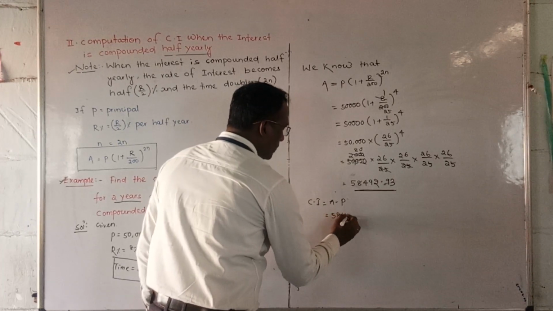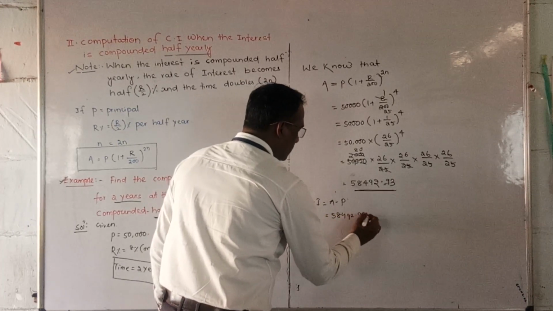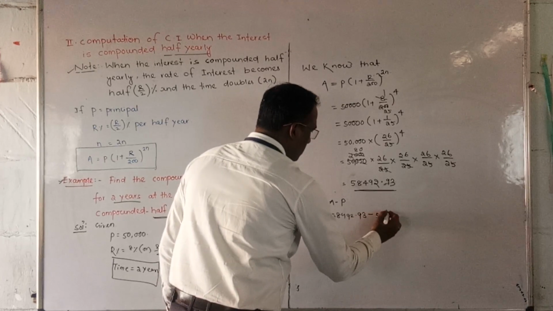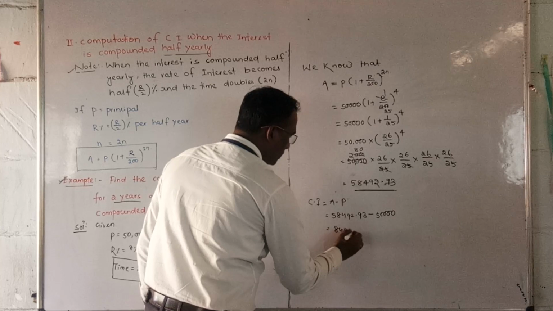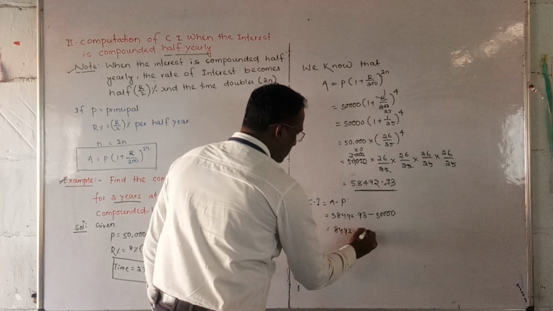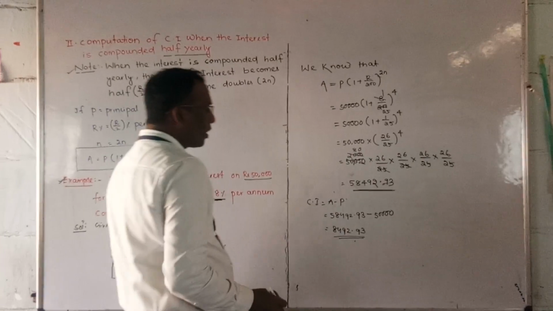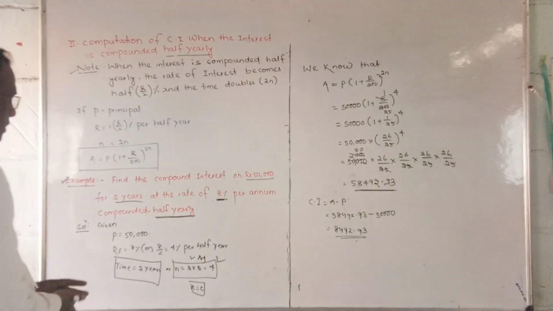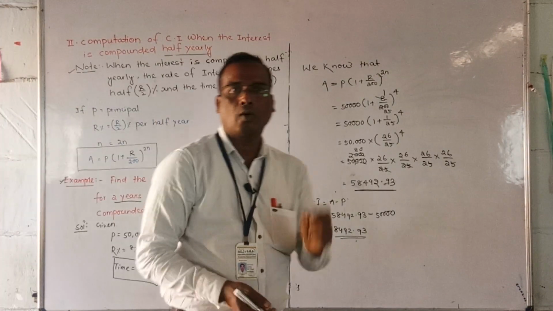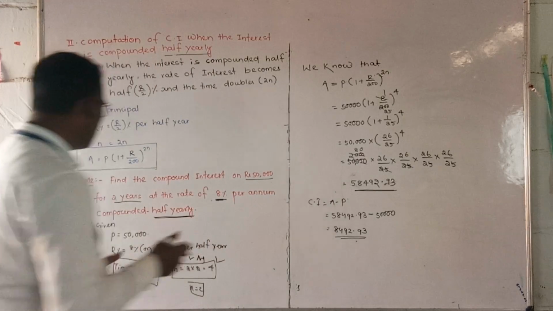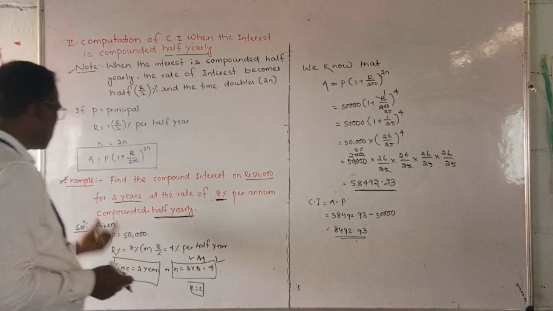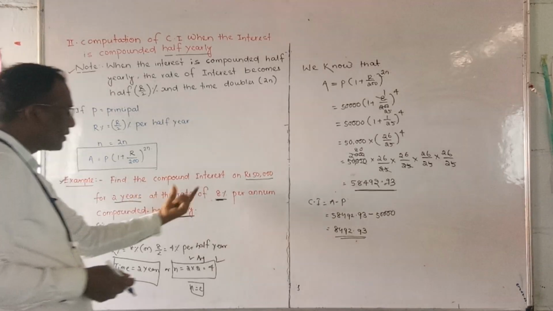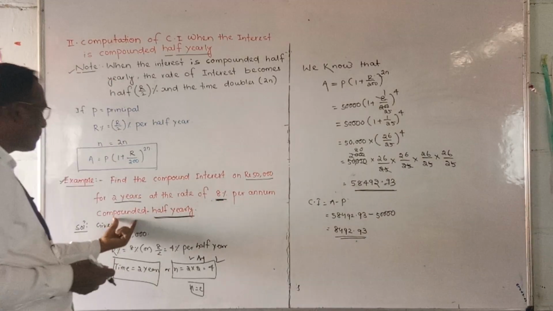Okay, so once again I will recall to you. Here it is given: find the compound interest on 50,000 for 2 years at the rate of 8% per annum, compounded half yearly. Only one thing you have to change: the rate of interest given, you have to make half. If you don't want to change, you have to remember this formula.